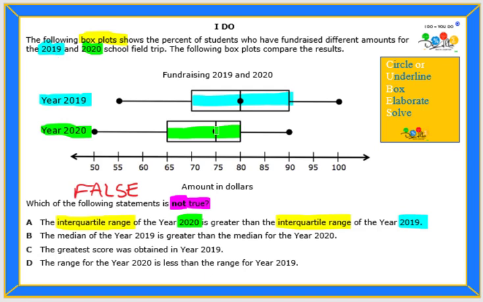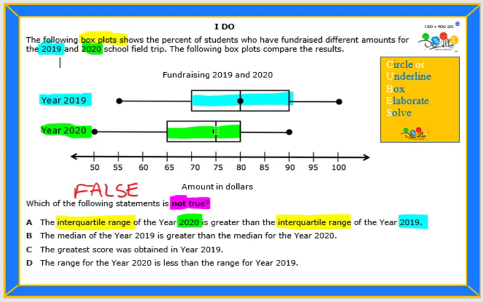Just by looking at them, I can see that the blue box, which is representing 2019, is spread out further apart. You see how it's longer? That means the data is spread out further, which means that it has a greater interquartile range than the green box, because the green box is shorter. That would just be looking at it visually.